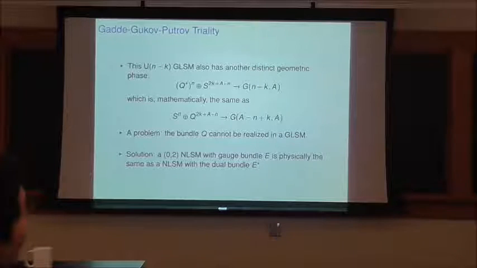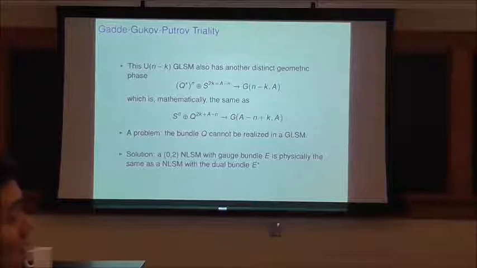Yeah. And it's going to give the same answer as a nonlinear sigma model. You do have a nonlinear sigma model like this, but there's no GLSM realizing it. And my argument is that this guy is exactly the same as the nonlinear sigma model with O(-1) over here. So this guy can't be realized by gauge theory data.